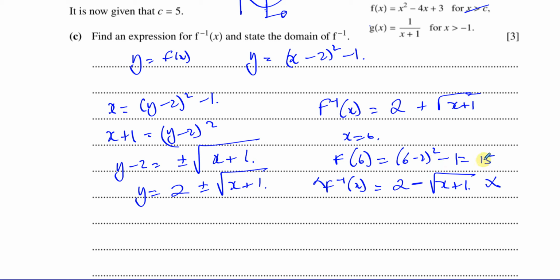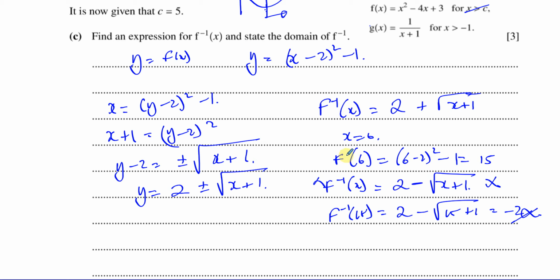Now, if I put 15 inside the inverse function, the wrong one, I'll have 2 minus the square root of 15 plus 1, which is 16, which gives you 2 minus 4, which is negative 2, which is not the correct answer that we want.